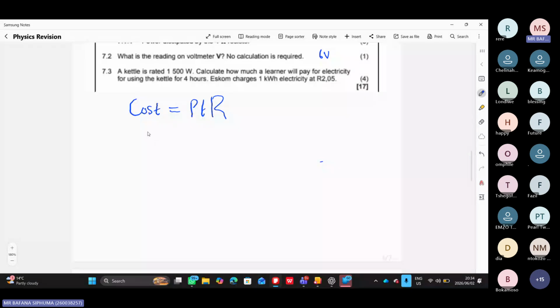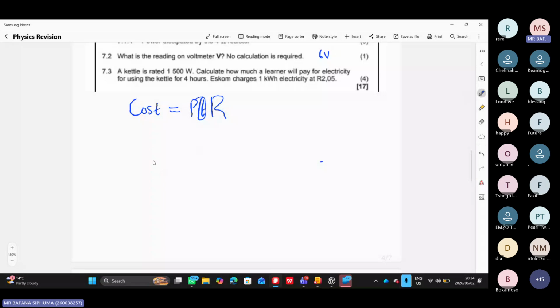But again, PT is actually equal to E, the energy, which means that we can simplify cost as E multiplied by R. But my advice, stick to this method of PTR. Cost is equal to PTR. That's the first thing that you need to know.